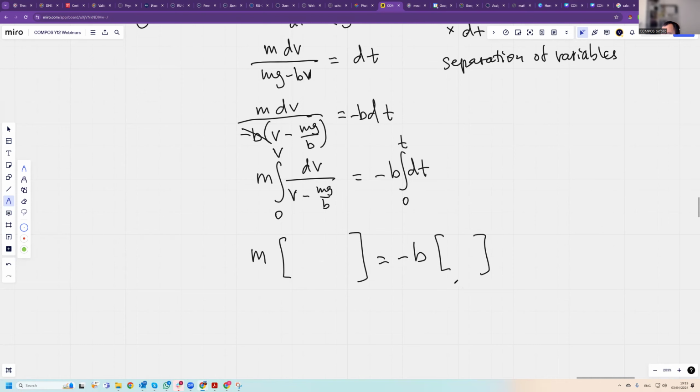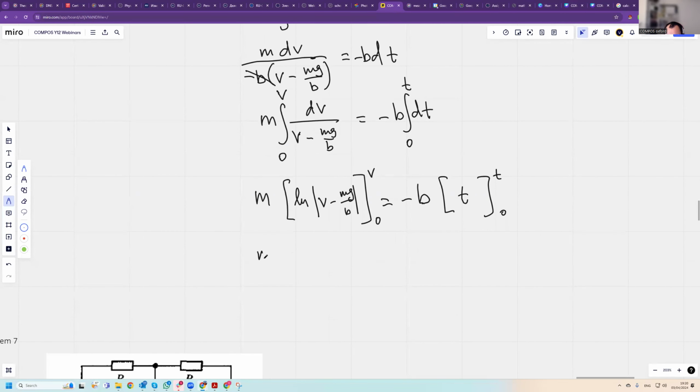And what's the integral of dt? Ooh, logarithm of v minus mg over b between limits 0 and v. Well done. And minus b, that is just t. The integral of dt is t between limits 0 and t.